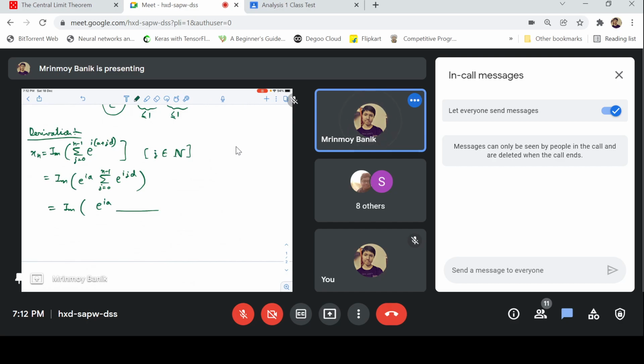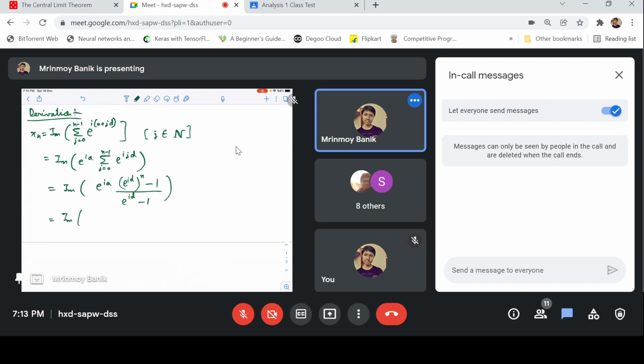The common ratio is e power iota d, right? Something like this.